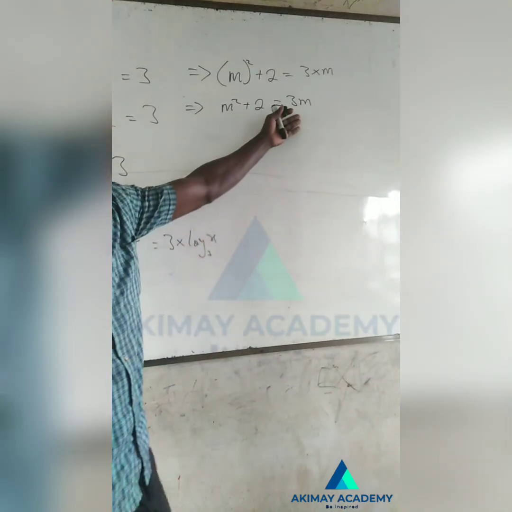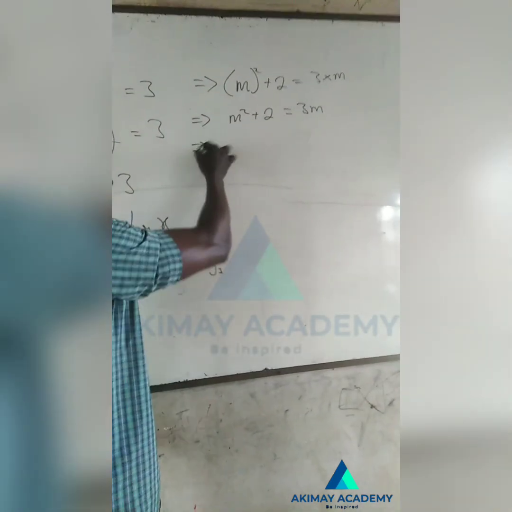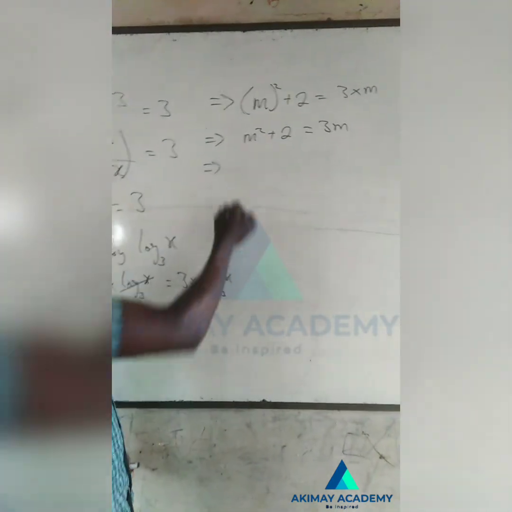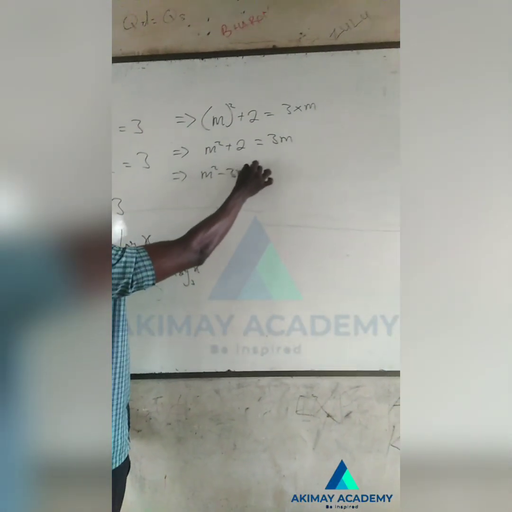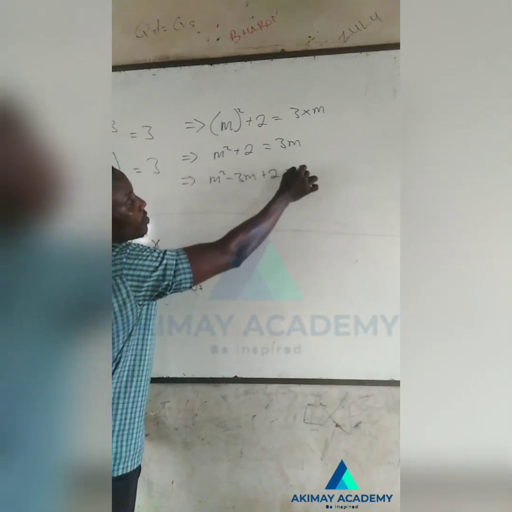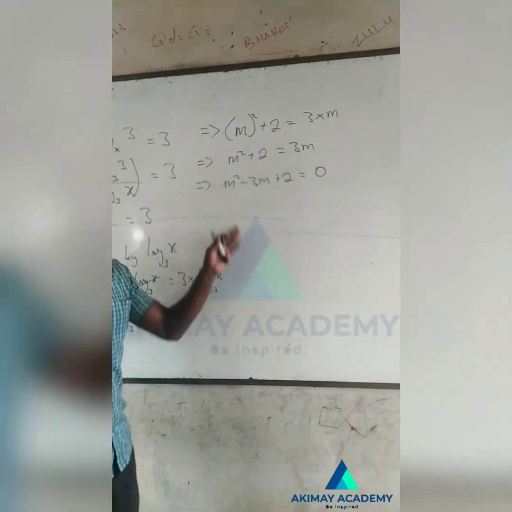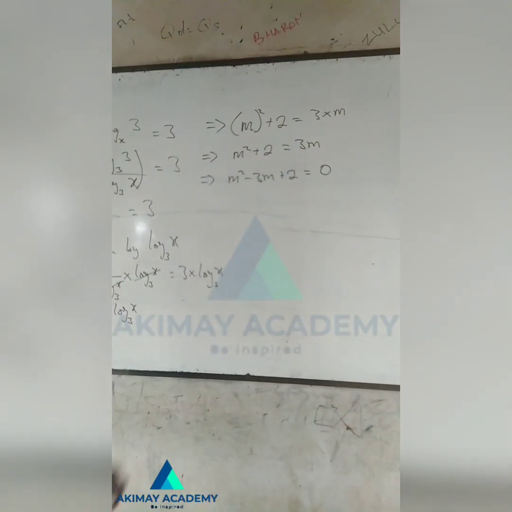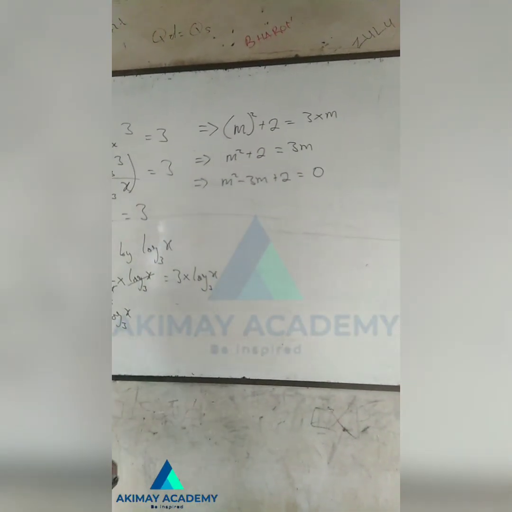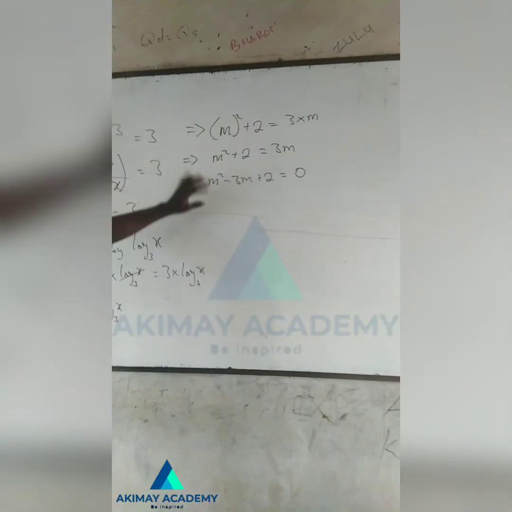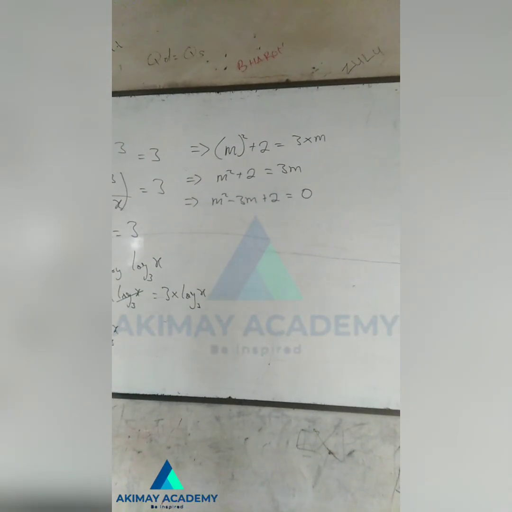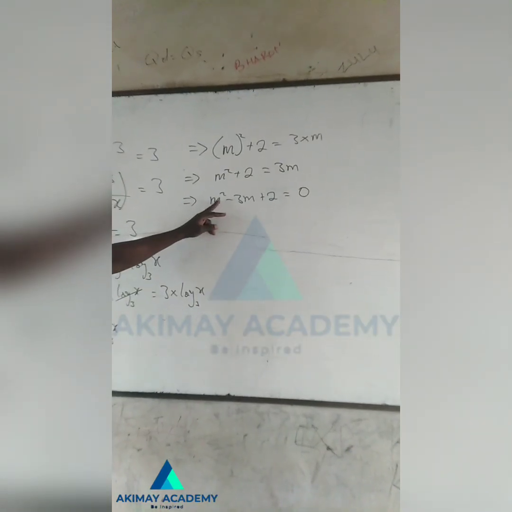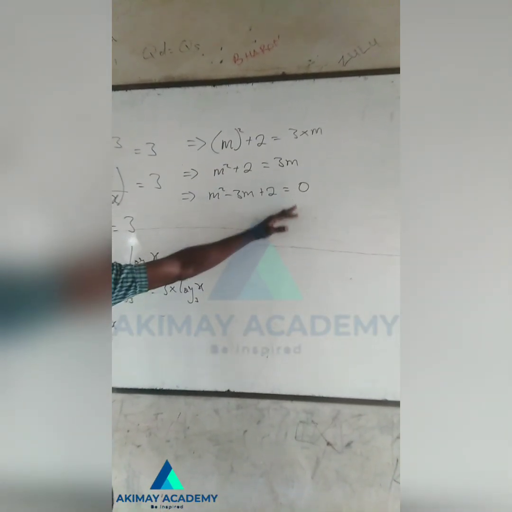So we can bring this 3m to come and join the colleagues. We have m squared minus 3m plus 2 equals 0, and that's what we have. This is a quadratic equation, and so this is the quadratic equation that we are driving at. Right? We have m squared minus 3m plus 2 equals 0.